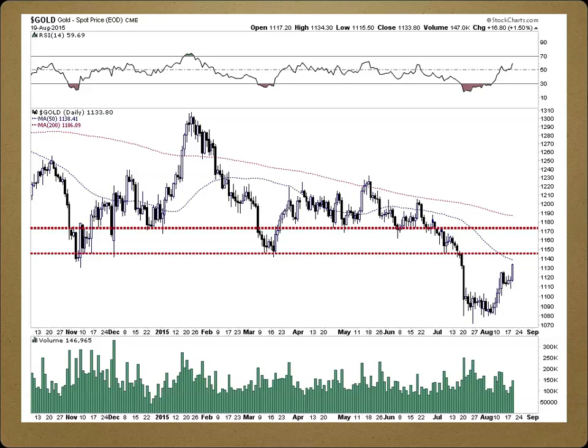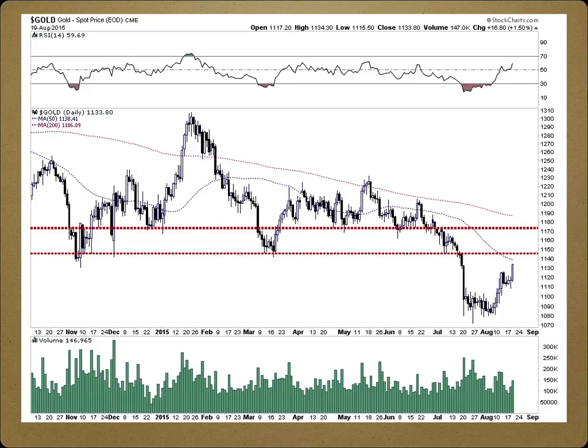We talked about 1140 to 1150 as targets before, and that's still a strong resistance. But even from a bearish perspective, thinking that this bounce is going to lead to another sell-off, even from that perspective, gold could go as high as 1175.